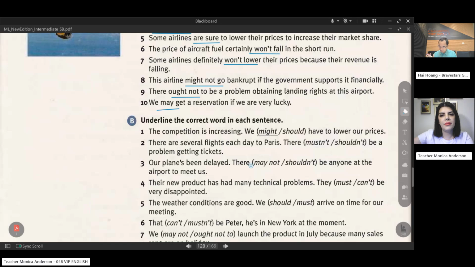Must, sorry. The mustn't. Are you sure? Because you are talking about probability. When you have some evidence to prove that a situation can happen, but here must is too much.